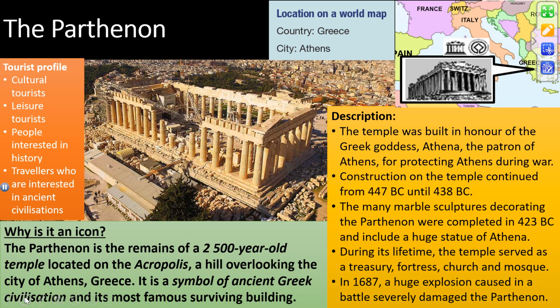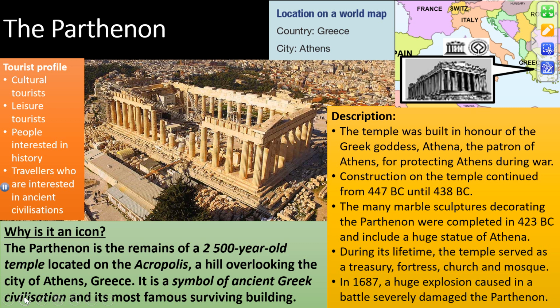The Acropolis is a hill that overlooks the city of Athens in Greece. It is a symbol of ancient Greek civilization and is also its most famous surviving building. The temple itself was built in honor of the Greek goddess Athena. Athena is the patron of Athens, and it was for protecting Athens during the war.